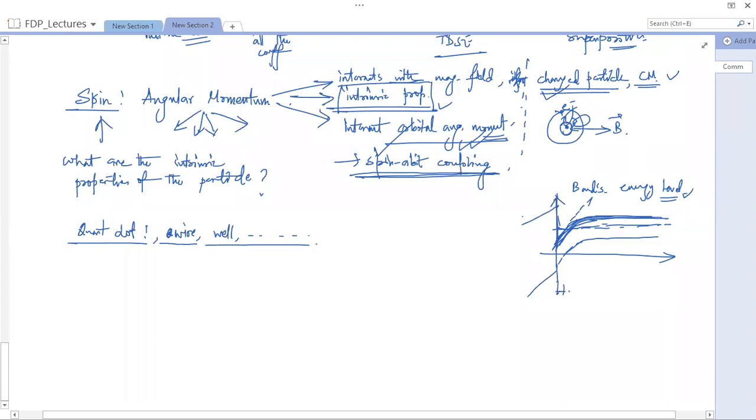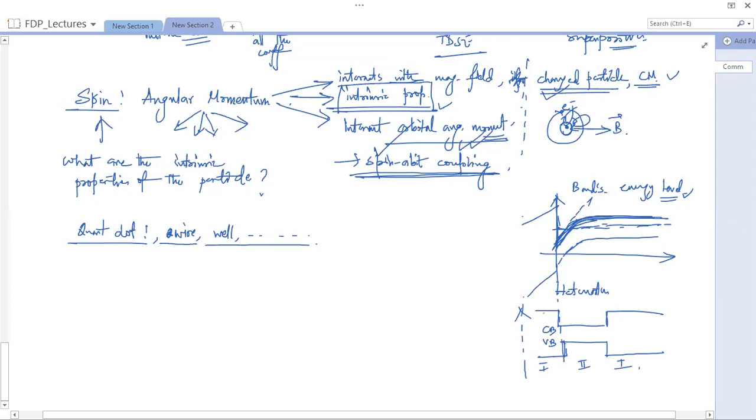Similarly, in heterostructures, when you sandwich two materials, you will get a band diagram like this for the conduction band and valence band. Material 1, material 2, material 1. So this is a heterostructure.